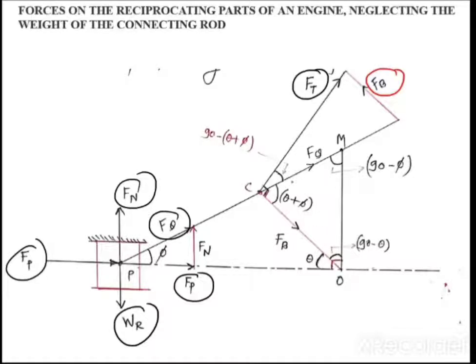Let us say this is 90 minus theta plus phi, because this total is 90. This angle is theta plus phi. This is not necessary, but if I draw a perpendicular line O to N, then I will get two more angles, that is 90 minus phi and 90 minus theta. But these are not required. I have just shown them here.